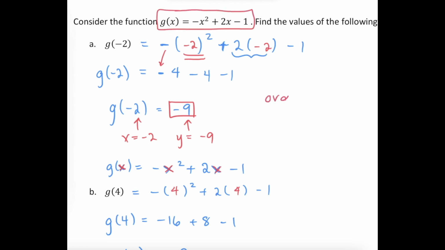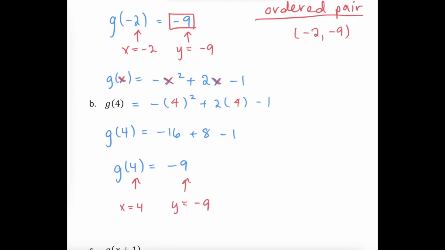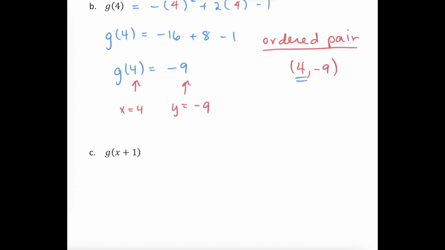So the ordered pair that we would get from this first scenario is that the x-coordinate is negative 2 and the y-coordinate is negative 9. And the ordered pair that we would get from this second scenario is that when x is equal to 4, we also get a y value of negative 9. So we have two different x values generating the same y, and that's okay in a function.